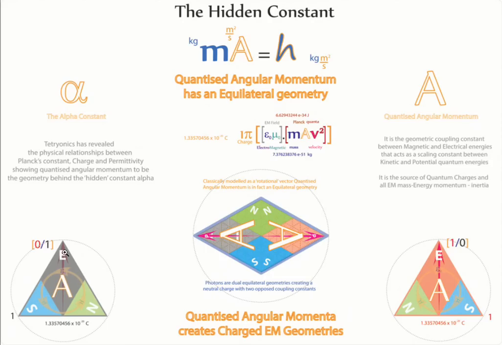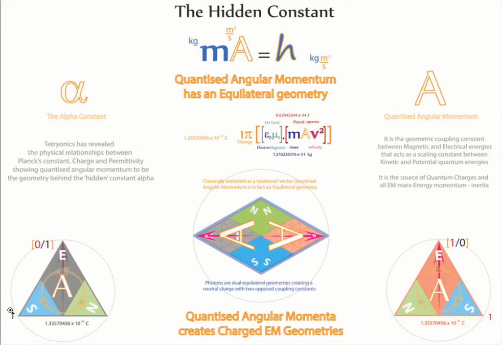But through its equilateral geometry, its quantized angular momentum, it creates a charged geometry with its magnetic dipole. This dipole allows the weak force interaction between quanta, and the electric field is the strong force between parallel charged fascia within atoms.